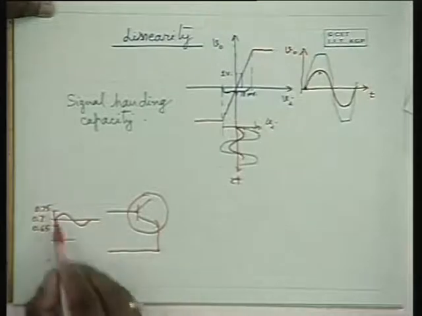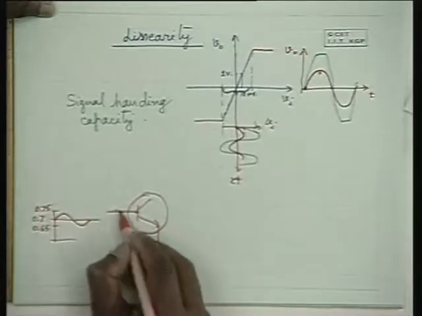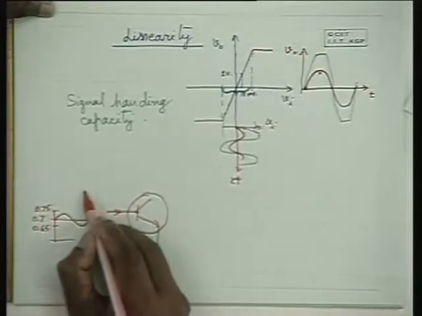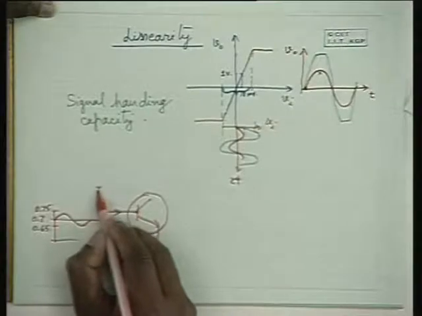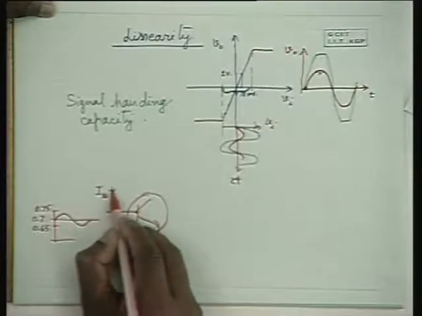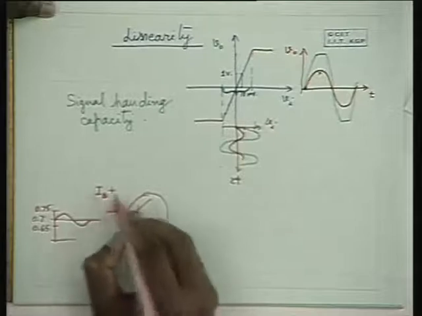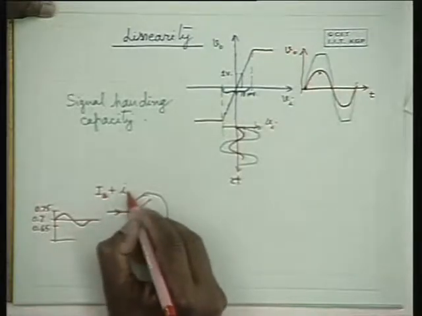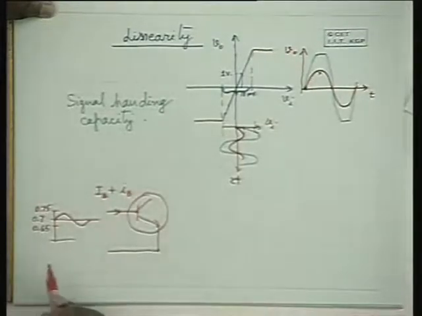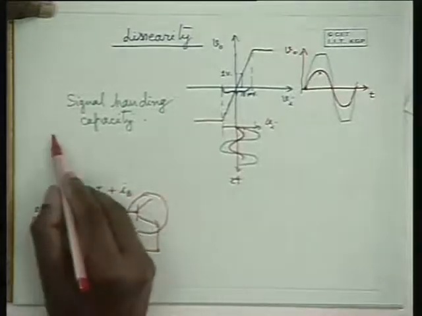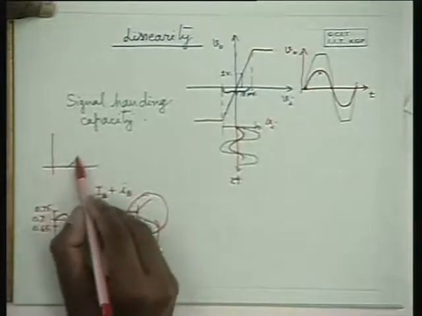0.75, and because of this variation, the base current also has the biased base current plus some alternating base current. How does it depend? It depends on the input characteristics.